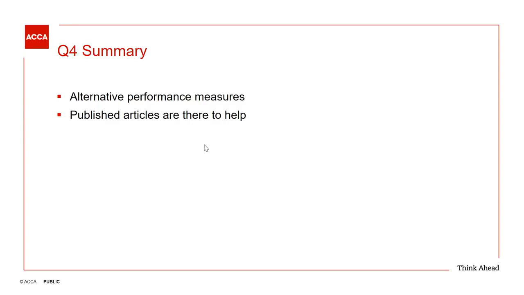A good number of students did well on this question, and I suspect that is because they had accessed those resources published by ACCA. Marking guides are all about 1 mark per valid point. So make sure when you're looking at the number of marks available in a question, you try and tailor the length of your answer to the number of marks available.